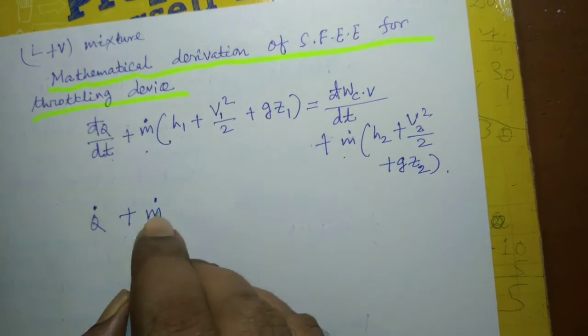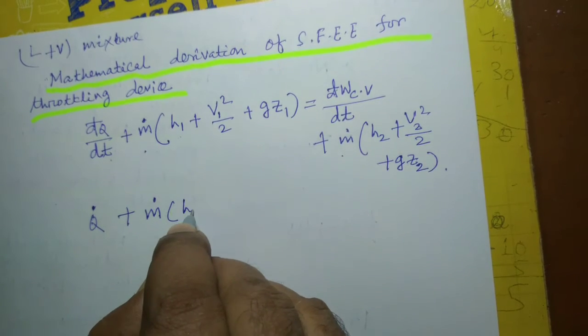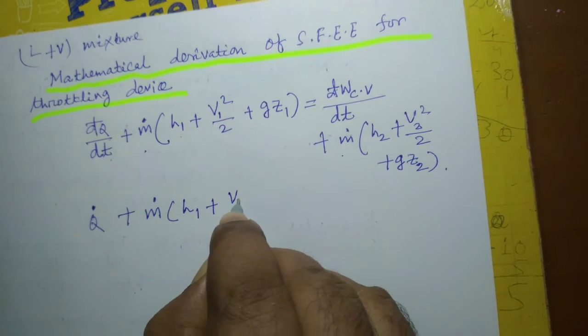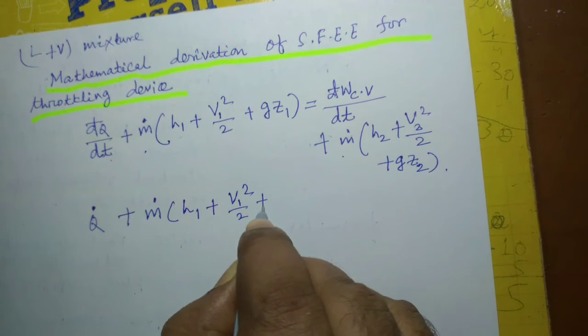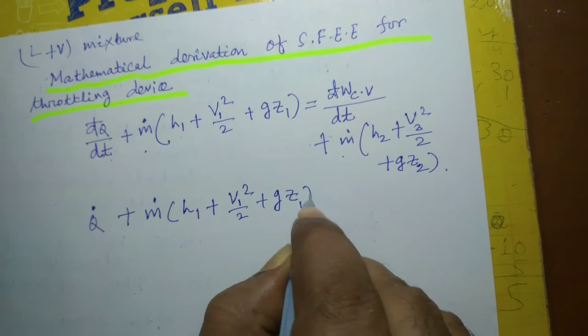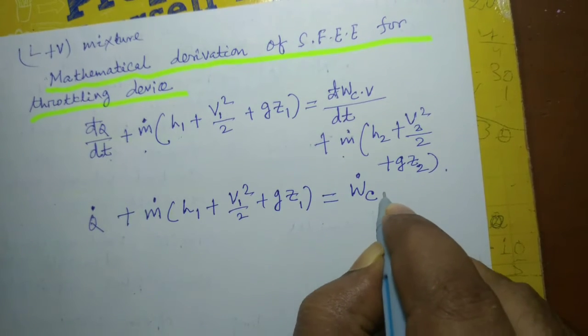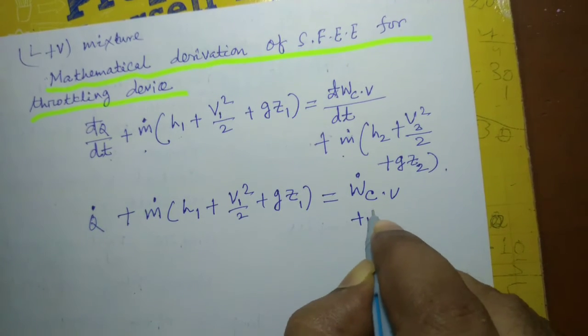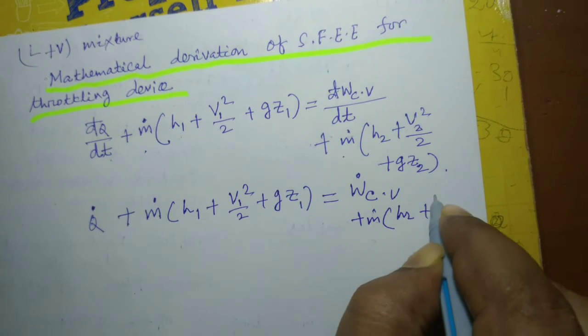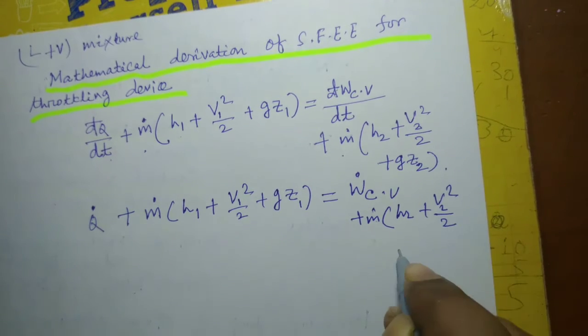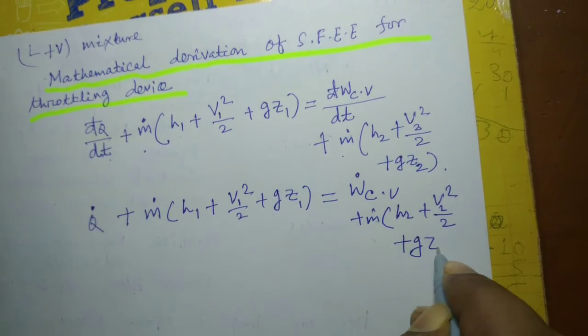So Q dot plus m dot (h1 plus V1 squared by 2 plus g z1), and this equation is in the rate form, equals W dot cv plus m dot (h2 plus V2 squared by 2 plus g z2).